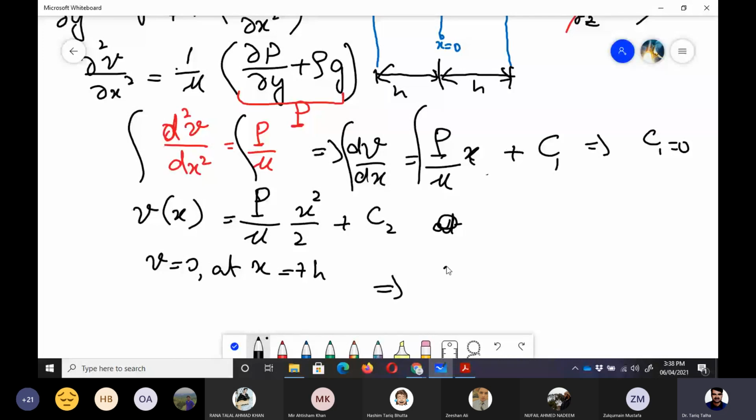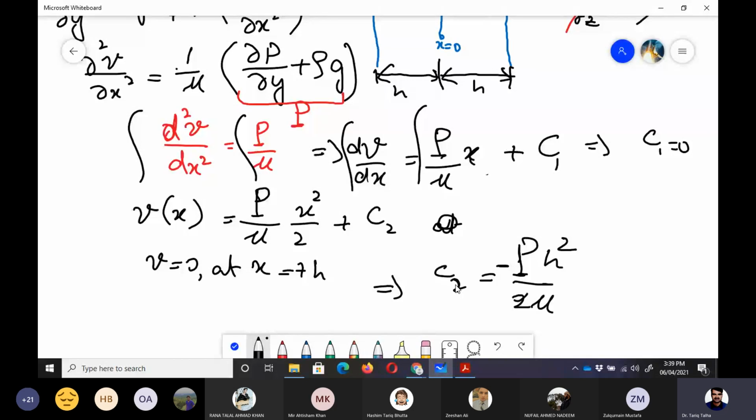From here I can see that C2 is equal to the combination of these two terms, a constant value P upon 2 mu with the minus sign, into h squared. If we say that v is equal to 0 at x is equal to minus h, which is this location, then we would have the same relation. There would be no difference.